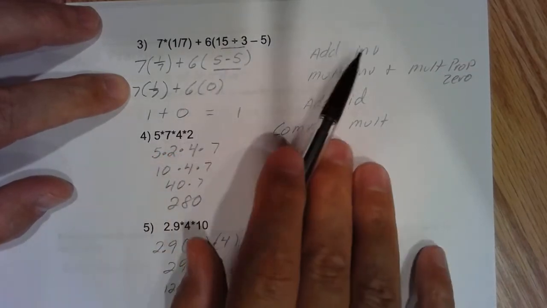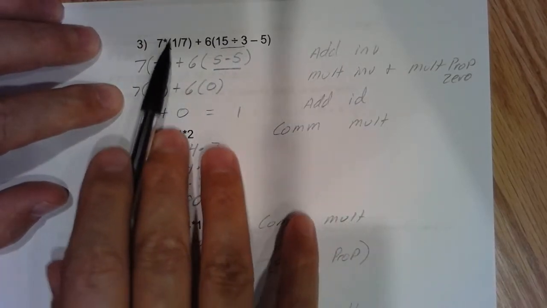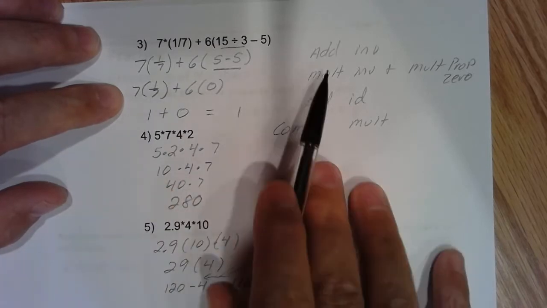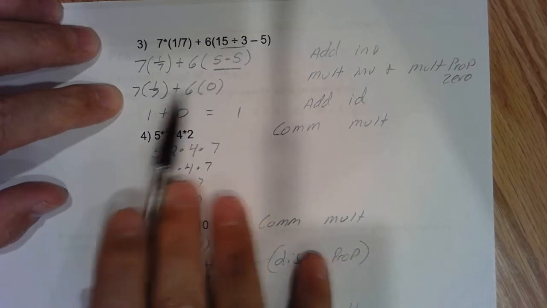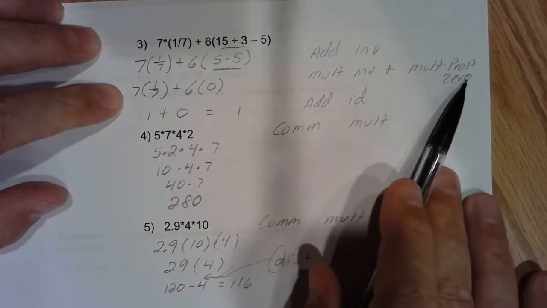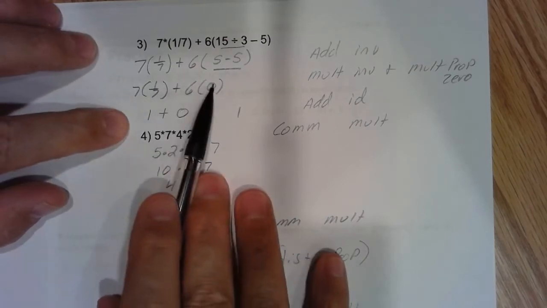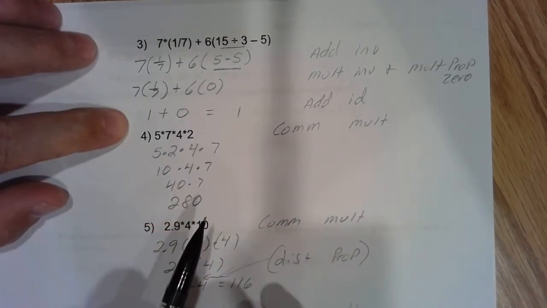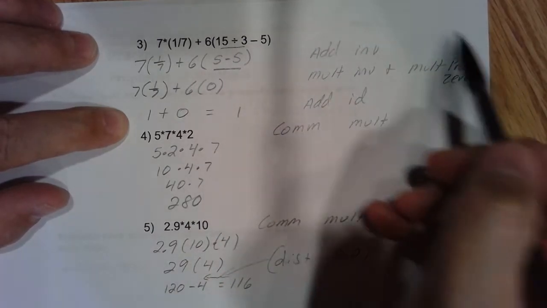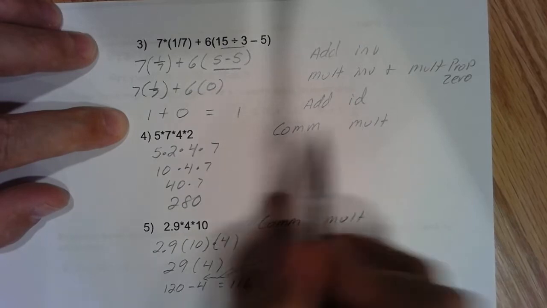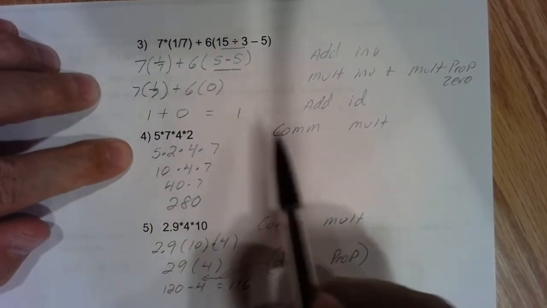Then 5 minus 5 is the additive inverse. Now when I multiply, because I didn't multiply it up here, when I multiply it here, I get the multiplicative inverse, and then 6 times 0, that's the multiplicative property of 0. 7 times the 7th is 1, 6 times 0 is 0, 1 plus 0 is 1. So again, it's just listing out the properties. This is for number 4. So these 3 steps were shown over here.